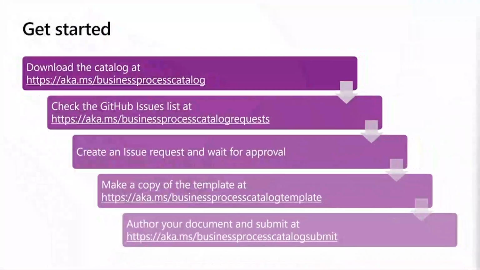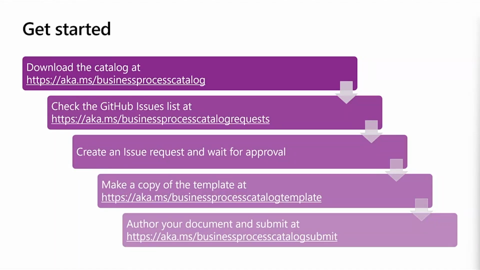So if you're interested in authoring a new business process pattern, we've outlined the steps for you into 5 easy steps. You'll want to get started by downloading our catalog at aka.ms/business process catalog. There you can filter and identify the pattern that you would like to author.